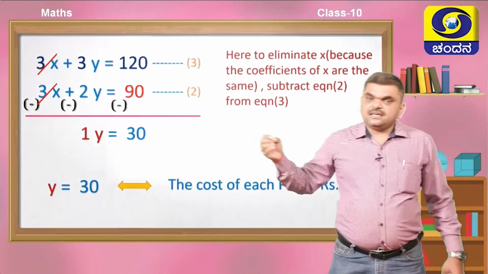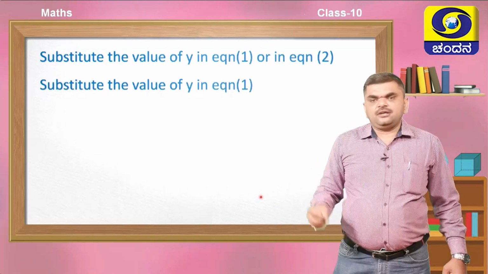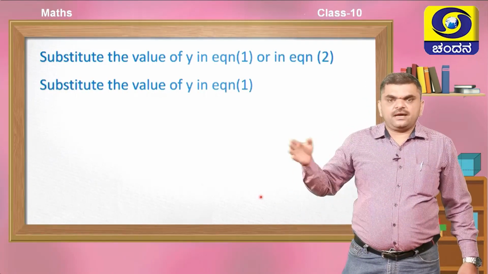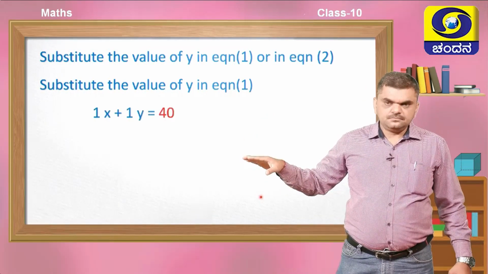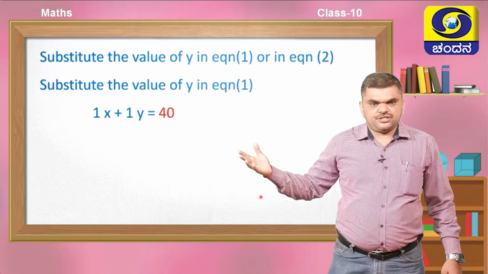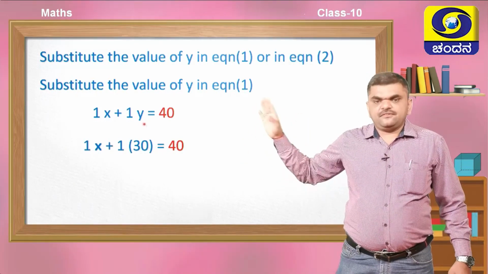So, it is easy to find the value of x when we know the value of y. So, substitute the value of y in equation 1 or in equation 2. You may substitute in any equation, children. Here I am going to substitute the value of y in equation number 1.